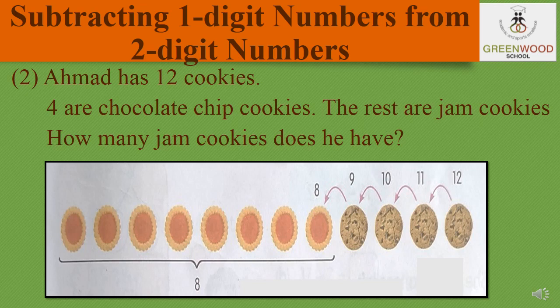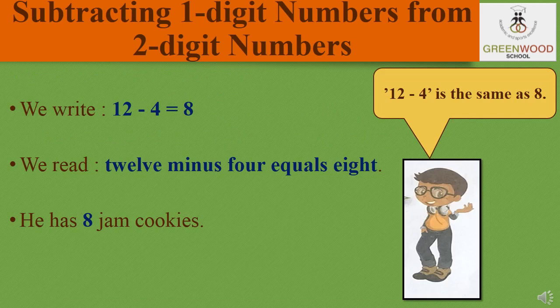So I can say that Ahmed has 8 jam cookies. Again we write it as 12, then the minus symbol, 4, equals to sign and 8. We read it as 12 minus 4 equals 8. He has 8 jam cookies.